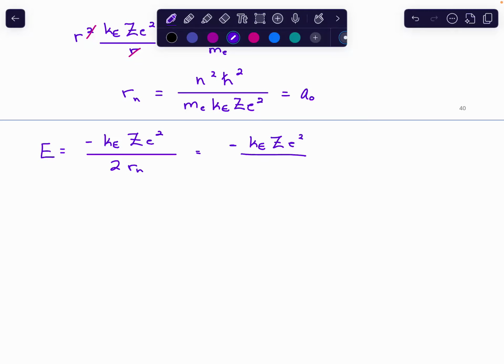So let's pull that out, times 1 over the Bohr radius. And then we're just going to take that Bohr radius and flip it upside down.